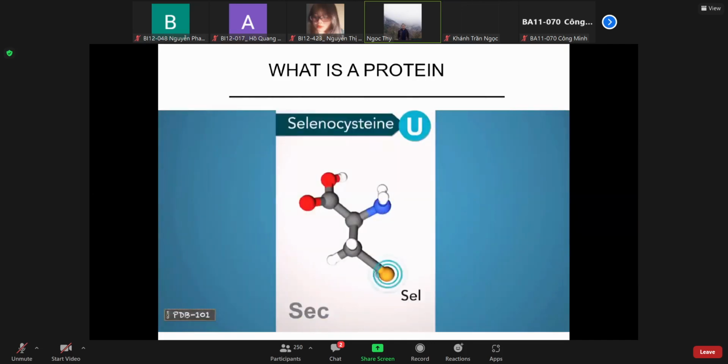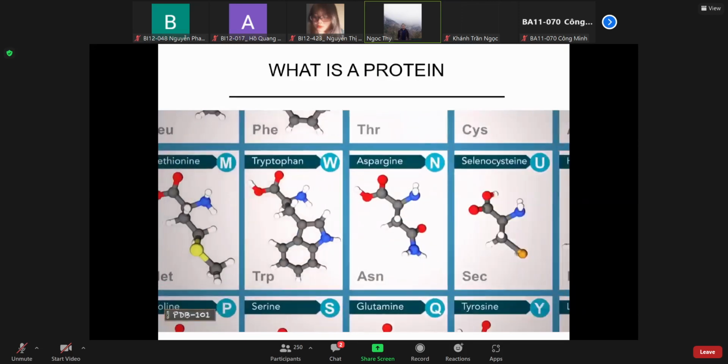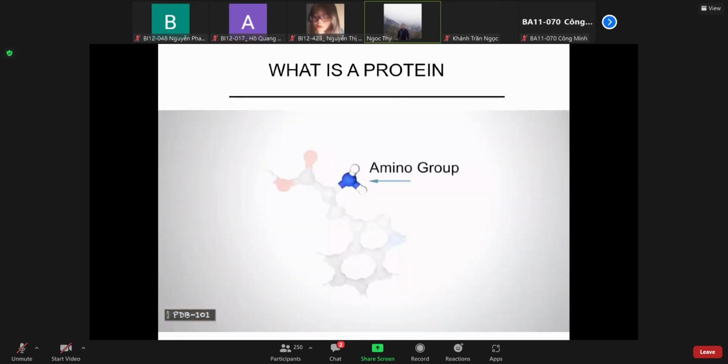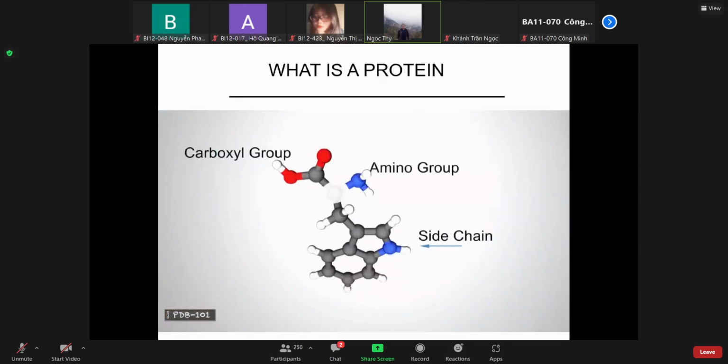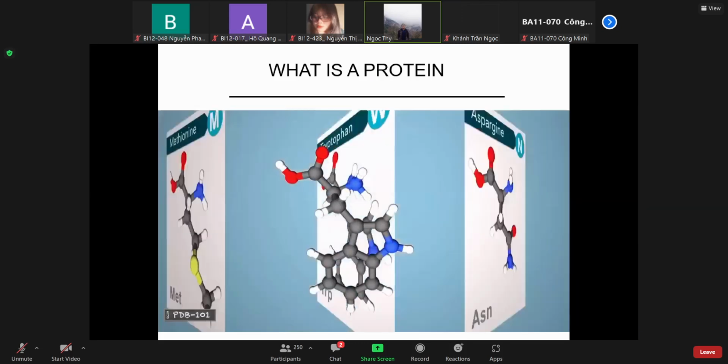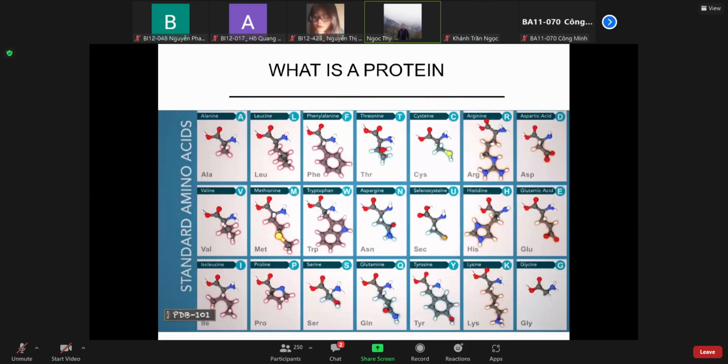Selenocysteine is the only standard amino acid that contains a selenium atom. These atoms form an amino group, a carboxyl group, and a side chain, all attached to a central carbon atom. The side chain determines an amino acid's properties and is the only part that varies from amino acid to amino acid.